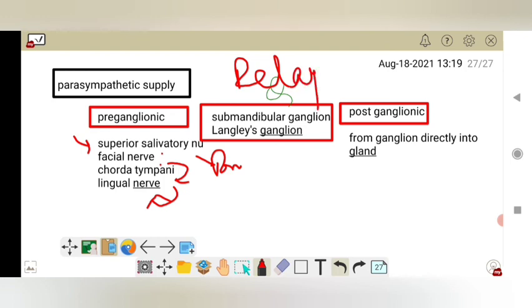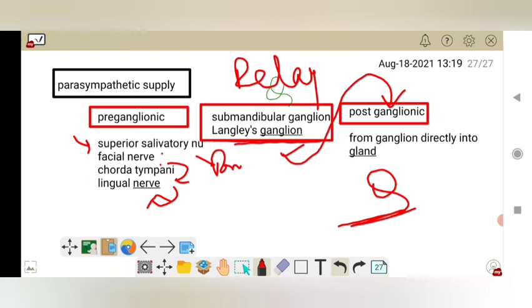Submandibular ganglion is also termed as Langley's ganglion, and then postganglionic fibers. Important point: postganglionic fibers pass directly from ganglion to gland without passing through lingual nerve. When postganglionic fibers pass into lingual nerve, they supply sublingual salivary gland.